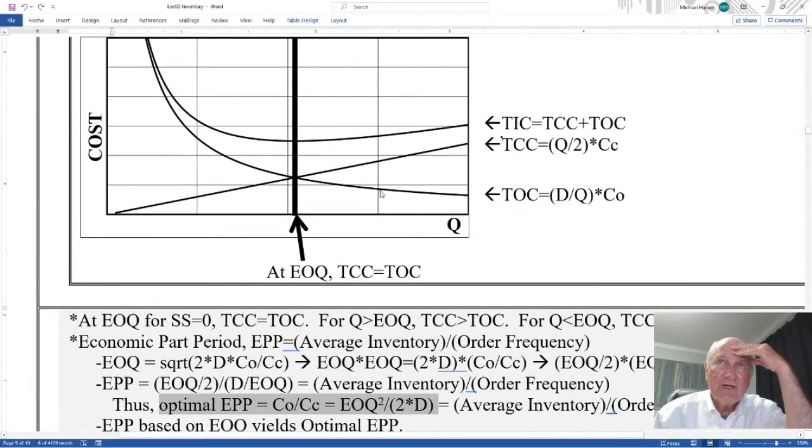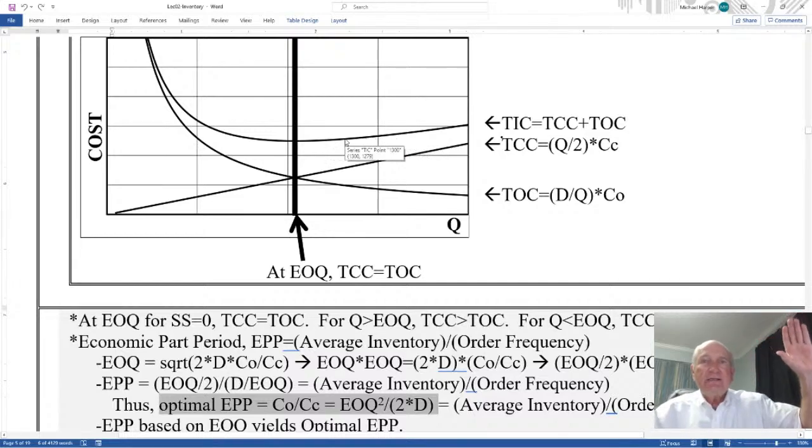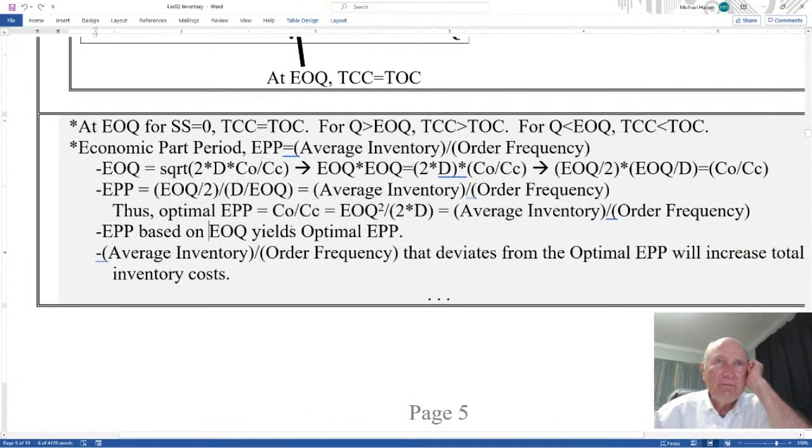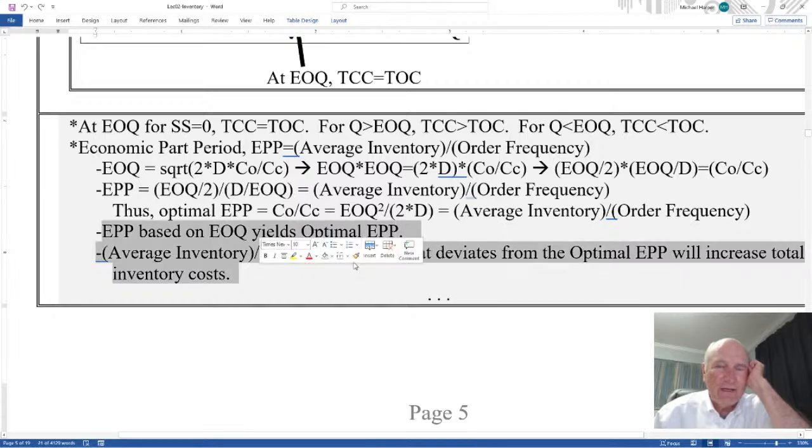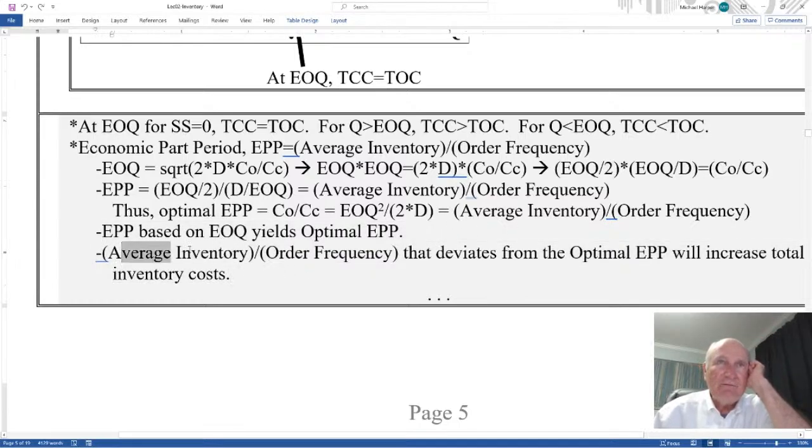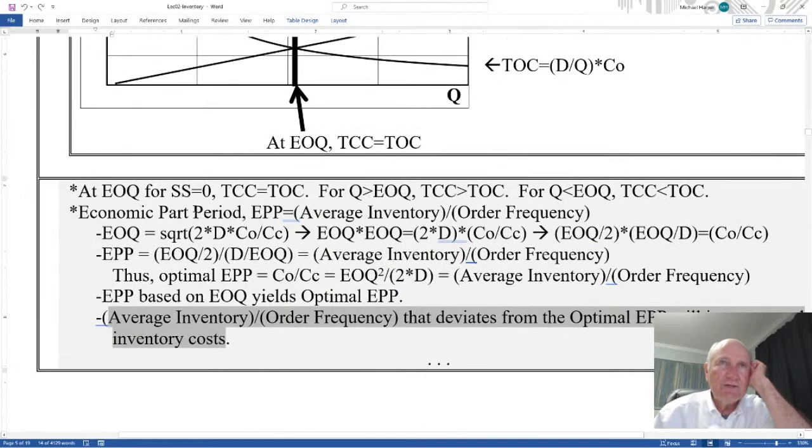And so as you move closer and closer, if it's too large, it's accelerating to the minimum cost. So the EPP has much more sensitivity for evaluating your strategy because it accelerates to the optimal policy. So your average inventory over this ratio that deviates from the optimal will increase the total inventory costs. There you go, so there are some takeaways.